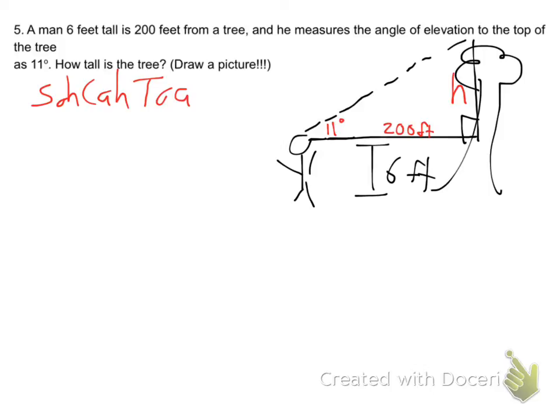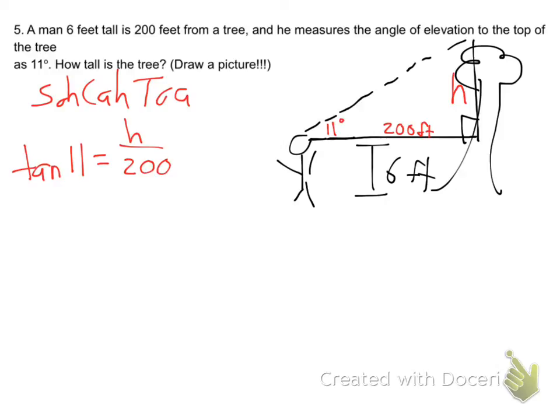So which one does opposite and adjacent? It's tangent. So I'm going to use tangent. So I start with tangent of 11 is equal to opposite over adjacent, h over 200.